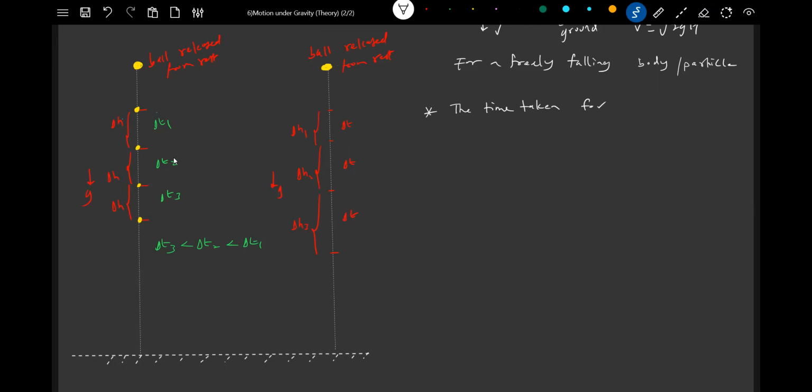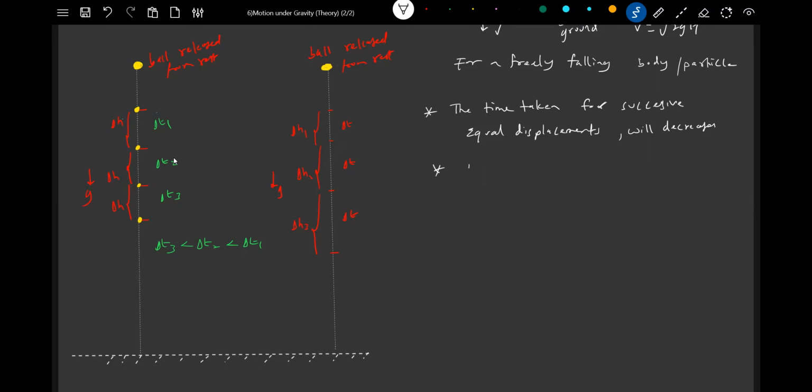The time taken for successive equal displacements will decrease.